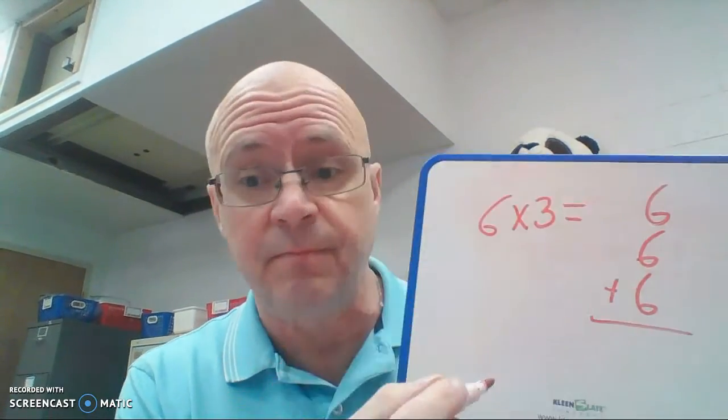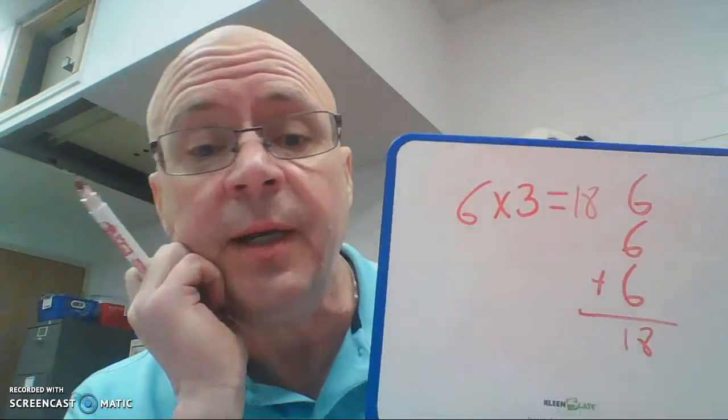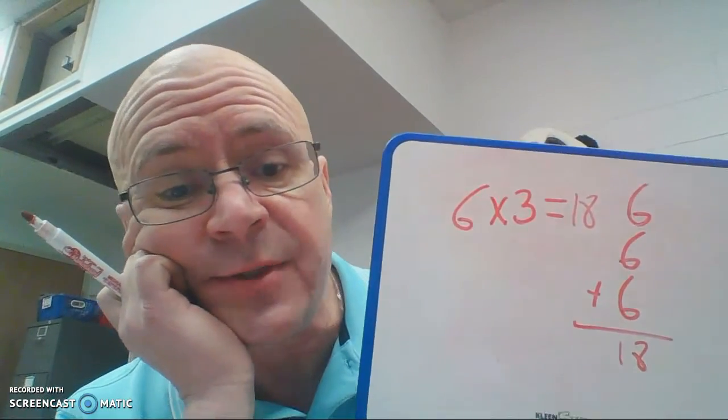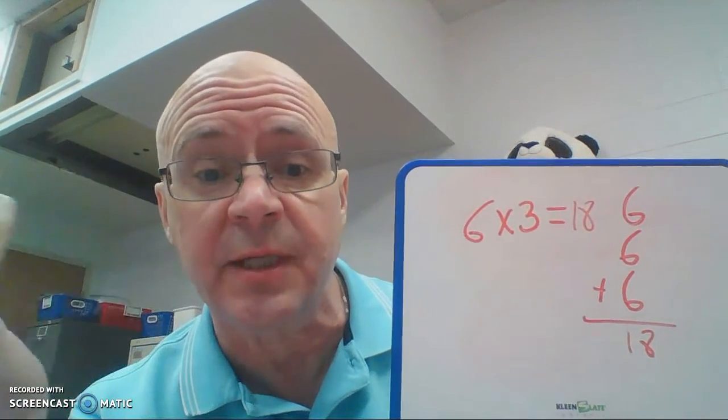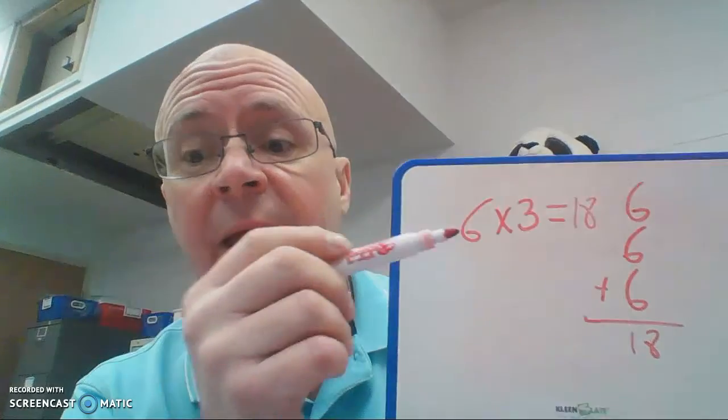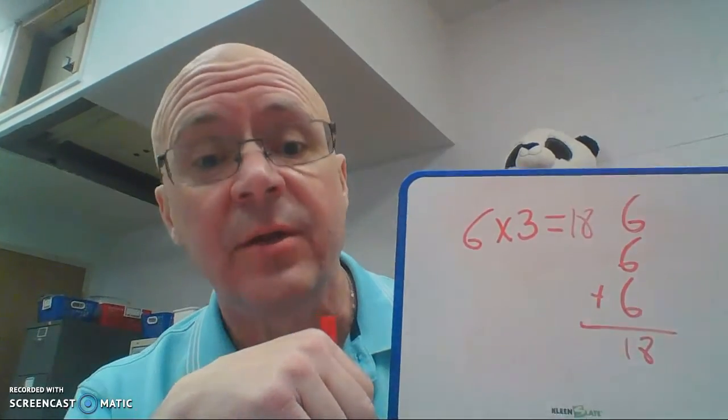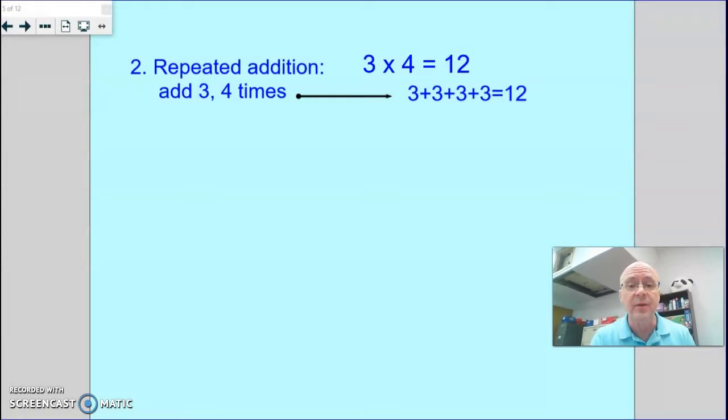So 6 added 3 times is 18. So 6 times 3 would be 18. The product of 6 and 3 is 18. Or the two factors, 6 times 3, make the product 18. That literally means 6, 3 times. You can do repeat addition. There's nothing wrong with doing that.